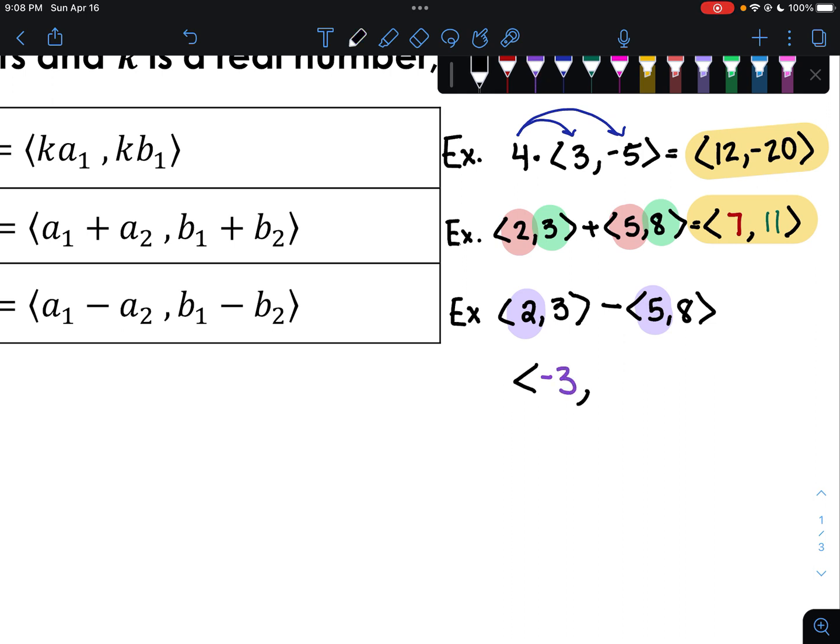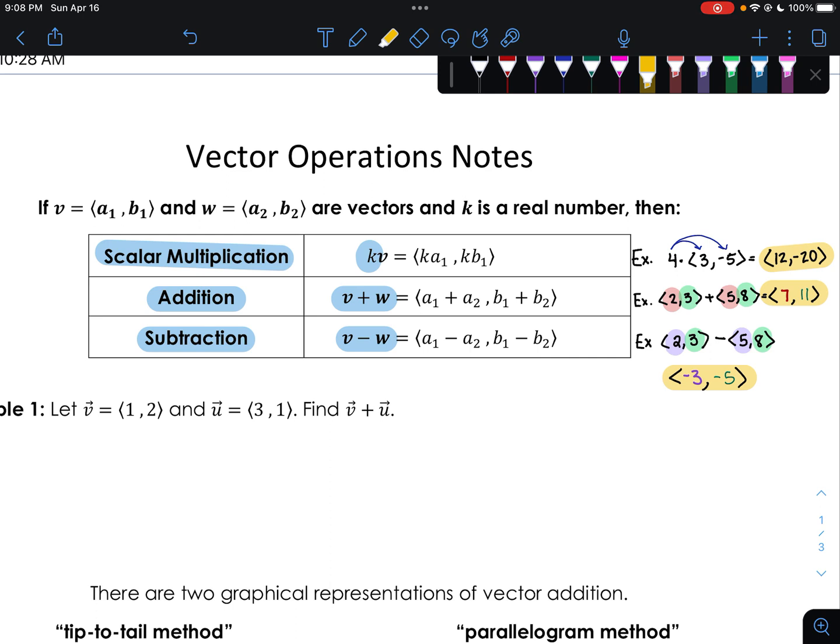Then we're going to subtract 3 minus 8. 3 minus 8 is -5. And that would be our answer right there. It is important that with subtraction, you make sure you are subtracting in the correct order, whereas with addition, it does not matter the order in which you add.